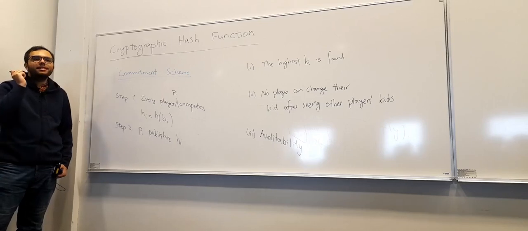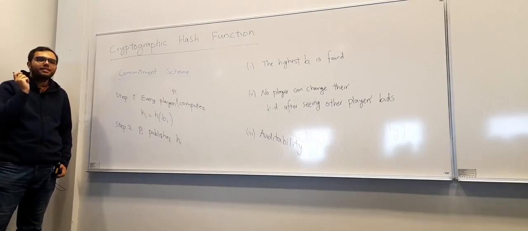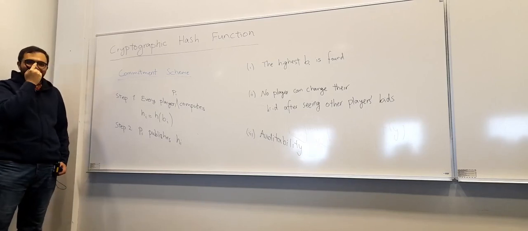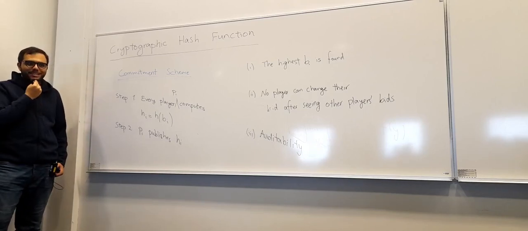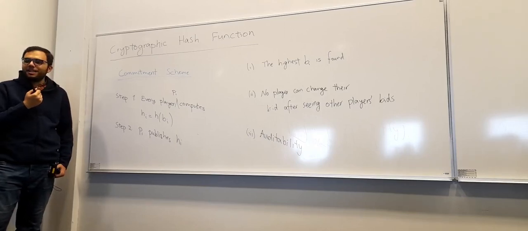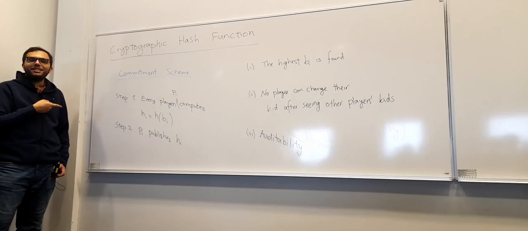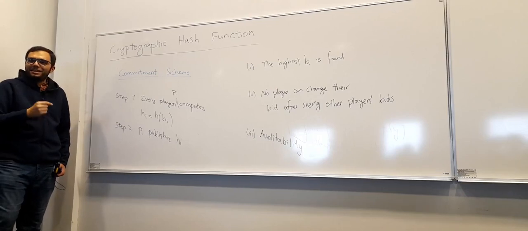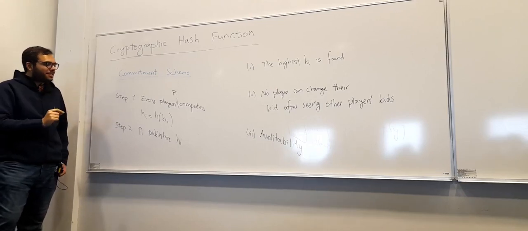Yes. I'll get to that as well. Yes, it's possible that they make the same bets. And actually, that's the problem, right? If two players make the same bets, then they have the same hashes. So when they publish their hashes, they both know that someone else bid the same amount. But I'll make some changes here to fix that.